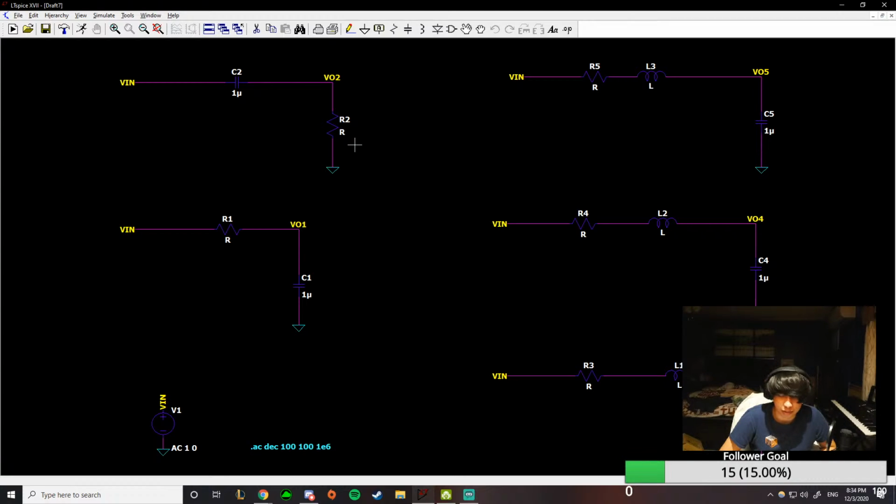Yeah. Okay, then this one is negative j wC negative 1 all over R5 plus jwL again minus jwC inverse.